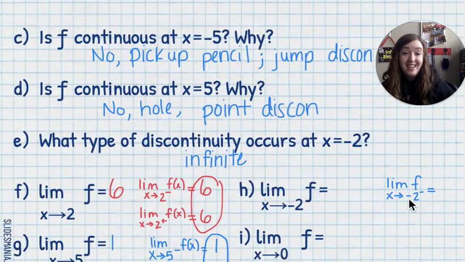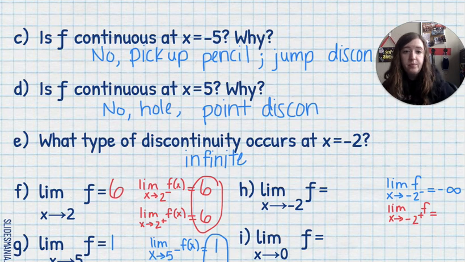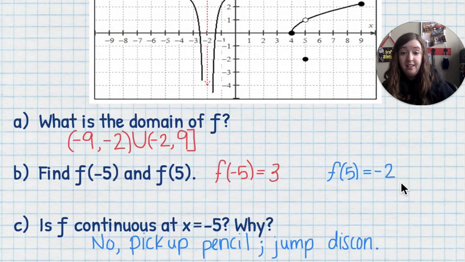So on that side, we're actually getting closer to -infinity. If we look at the limit as x approaches -2 from the right of f, over on this side, we're also approaching -infinity.